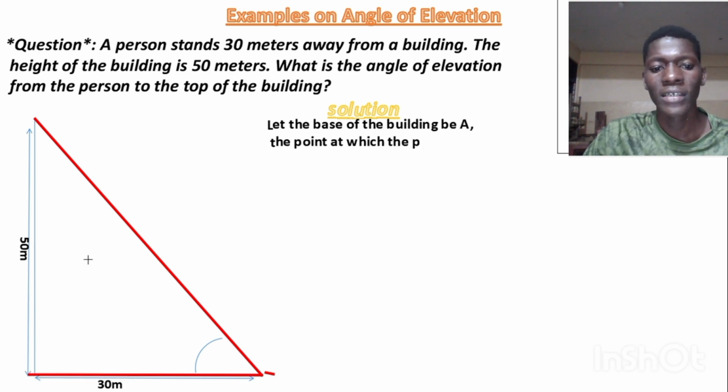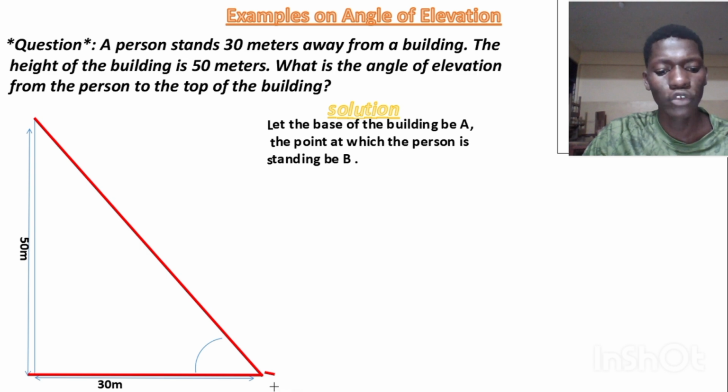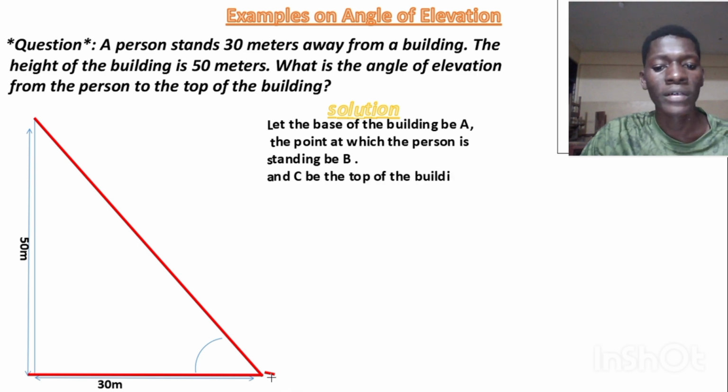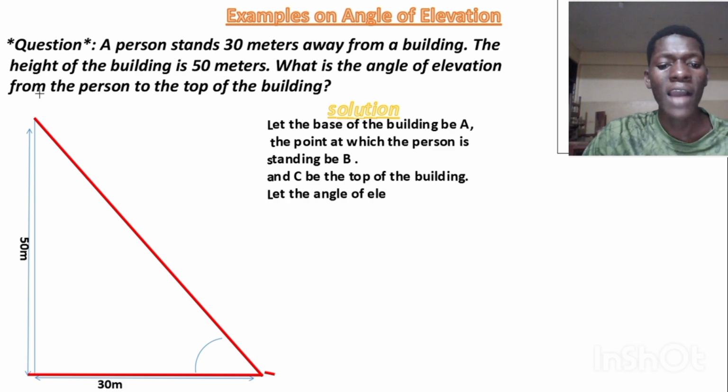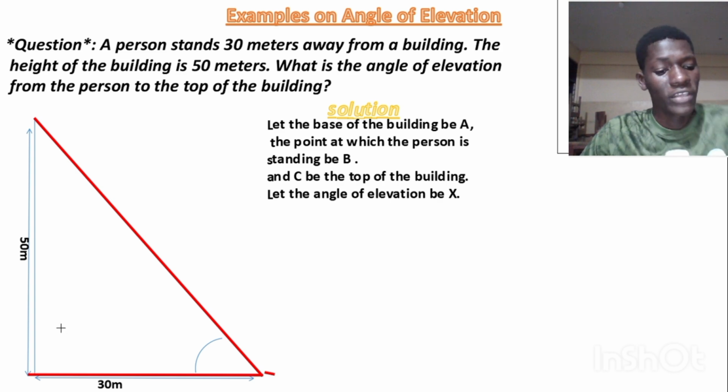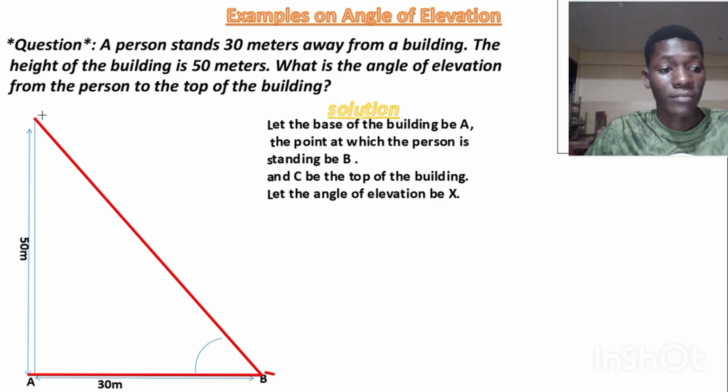Also let the point at which the person was standing be B, so here should be B. And the top of the building is here, so it should be C. And our angle of elevation should be X. So we put the data in the triangle: A here, B here, C here, and X here, because we said the angle of elevation should be X for the meantime.